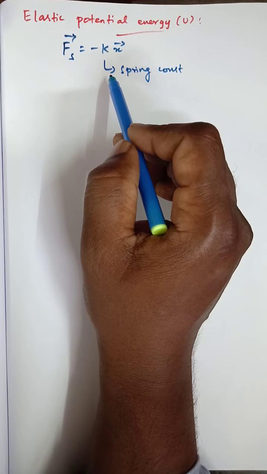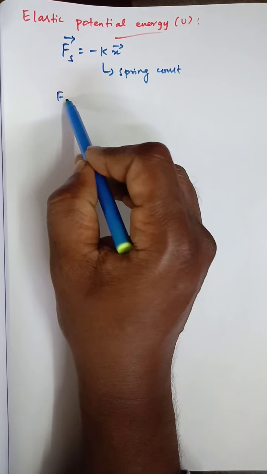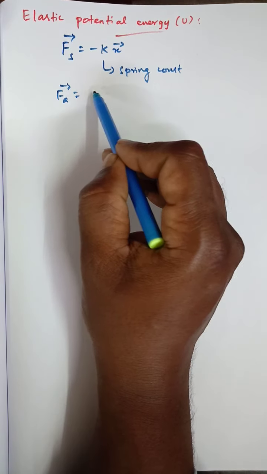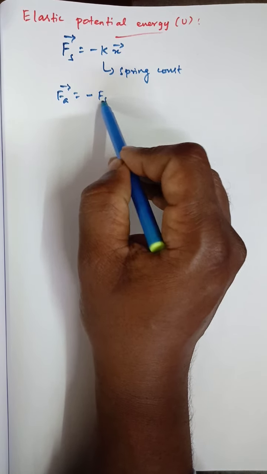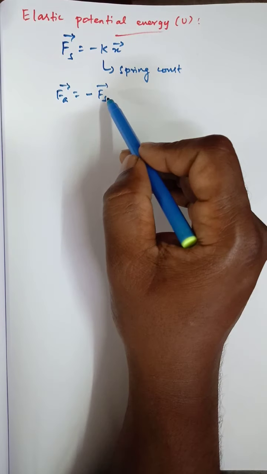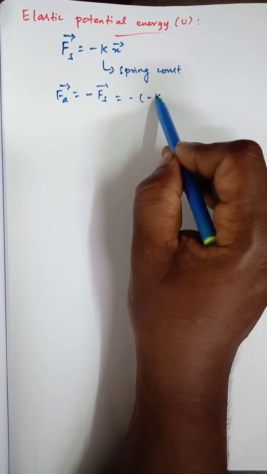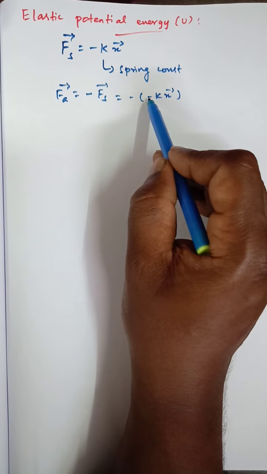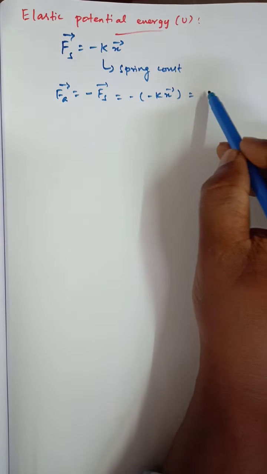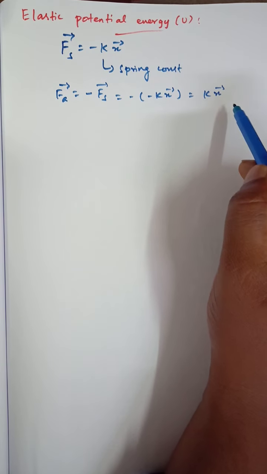We know that Fa, the applied force, is equal and opposite to the spring force. We know Fs is equal to minus Kx, so we write minus Fa is equal to minus K into x. Minus minus becomes plus, so Fa is equal to K into x vector.